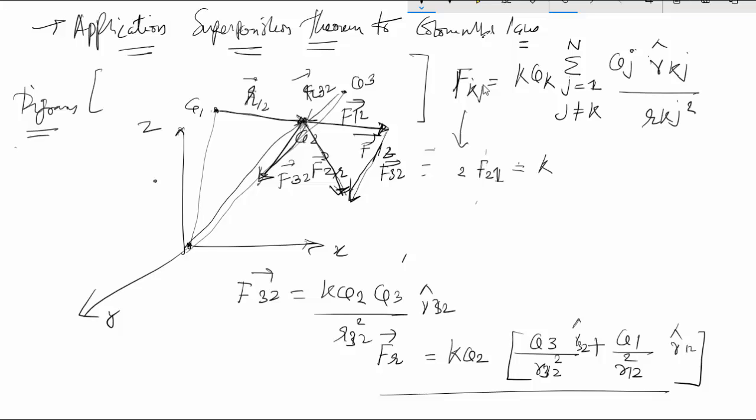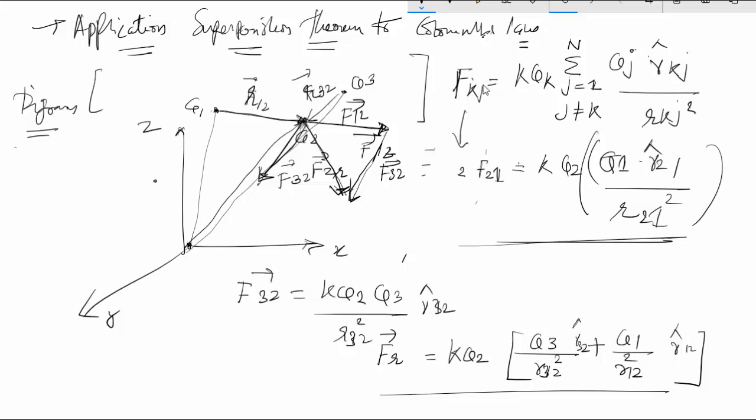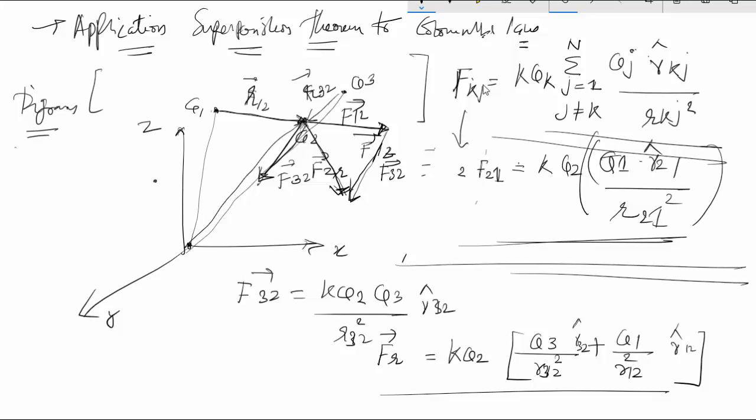Generalizing that, my K is equal to 2, so it will be KQ2, and this can be written as Q1 because my J is 1 in this case, and R21 whole square. So this is how you can generalize Coulomb's law due to a distribution of point charges.